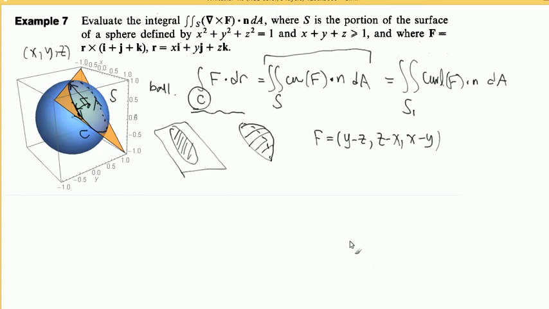I think I did it correctly, so I skipped that calculation. If you do expand this one, that's the vector field we started with. We're calculating this one, right, with S1 being this flat surface, with the boundary still the same circle. Okay? So this equality makes sense? Seems like we're going for this one.